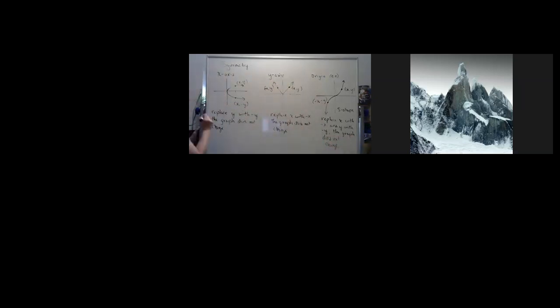So the statements that we've written down here are basically what we're going to use as our tests for symmetry. So this is how we're going to test whether or not an equation has symmetry. If I want to know whether or not it has symmetry with respect to the X-axis, I'm going to replace Y with a negative Y. If I want to test the symmetry to the Y-axis, I'll replace X with a negative X. And if I want to test to the origin, I'm going to replace both X and Y with a negative X and a negative Y and see what happens to the equation.